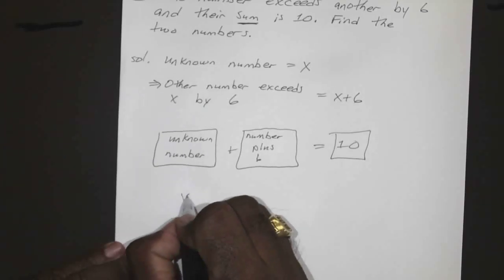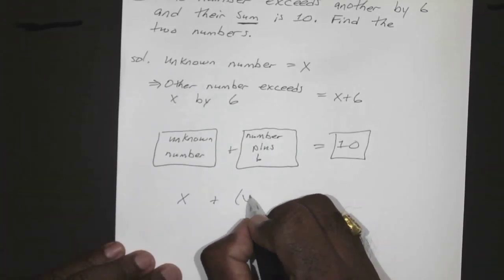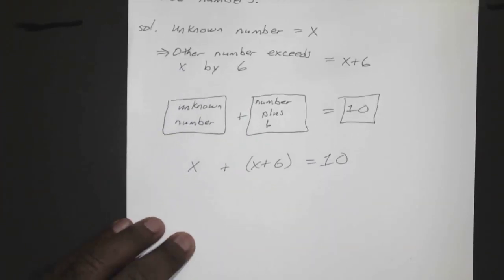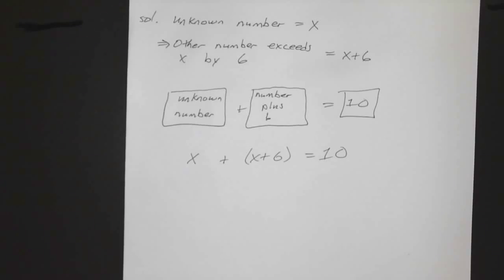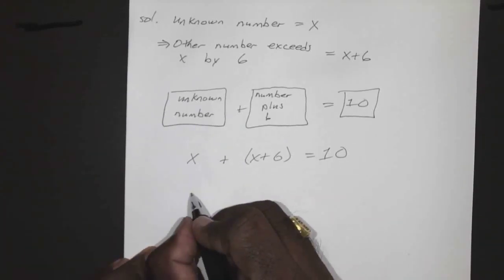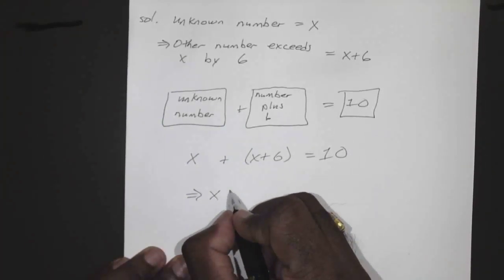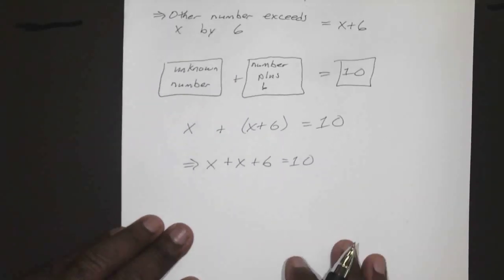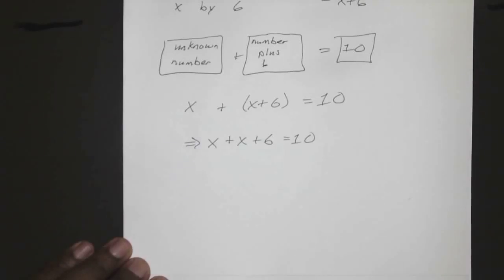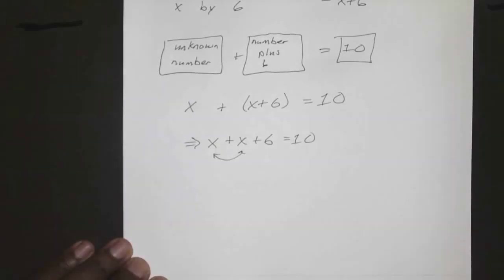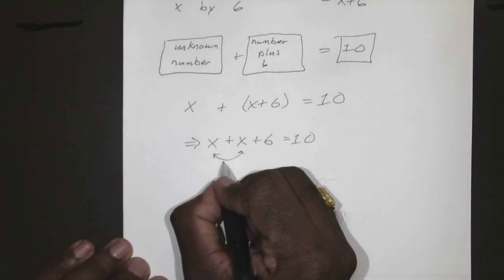Okay, so we know that x plus x plus 6 equals 10. Since this is plus, you can kind of treat it as 1 and distribute positive 1. That becomes x plus x plus 6 equals 10. And we can just combine these 2 x values. x plus x, we know that's 2x.